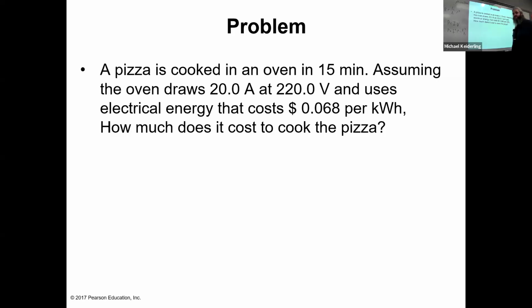And the last thing we're going to do today, last question for today, is a pizza is cooked in an oven in 15 minutes, assuming the oven draws 20 amps at 220 volts and uses electrical energy that is nice and cheap at $0.068 per kilowatt hour.